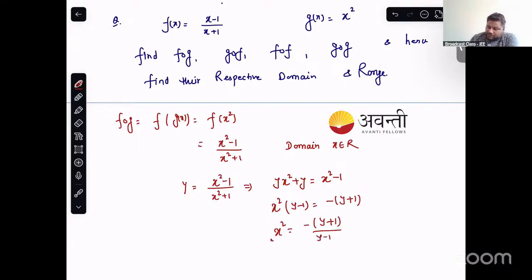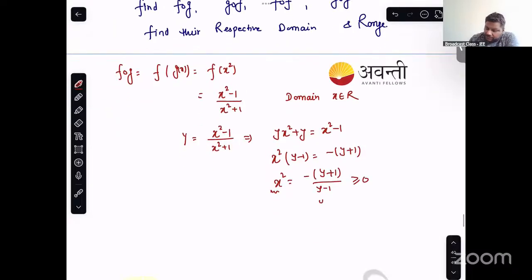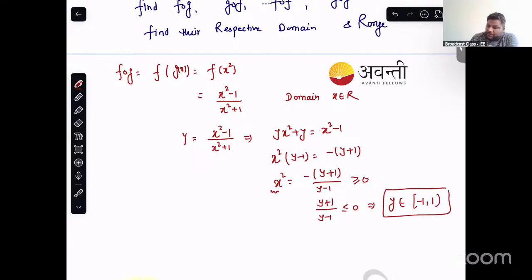Now since x square is more than or equal to 0, this also should be more than or equal to 0. Means y plus 1 upon y minus 1 should be less than or equal to 0. And from there you get y lying between minus 1 to 1, 1 not included because it is in the denominator. Understood first question? So domain you got, range you got.